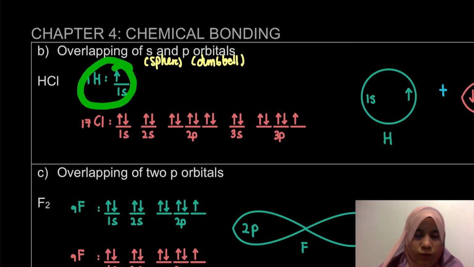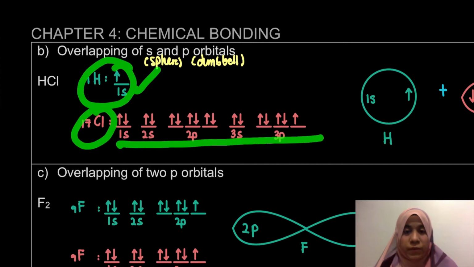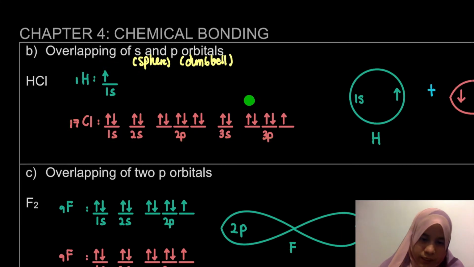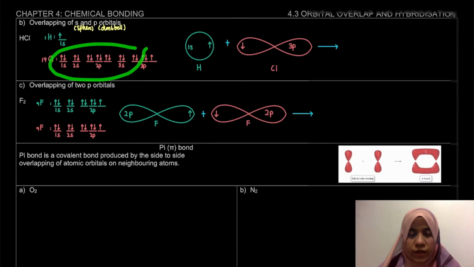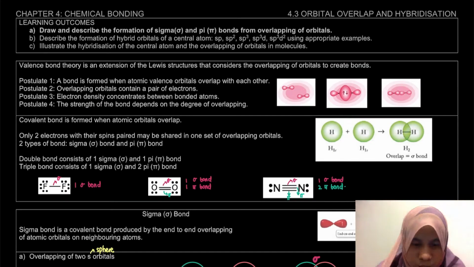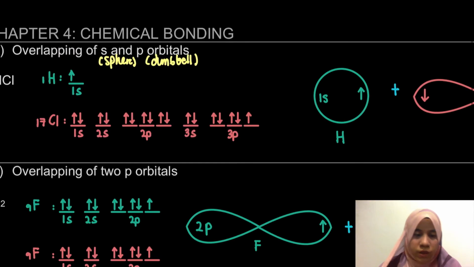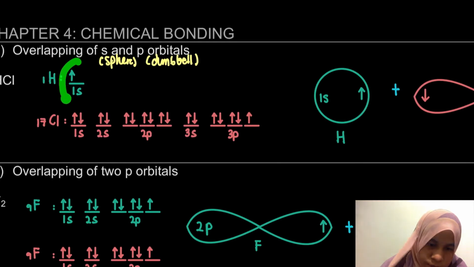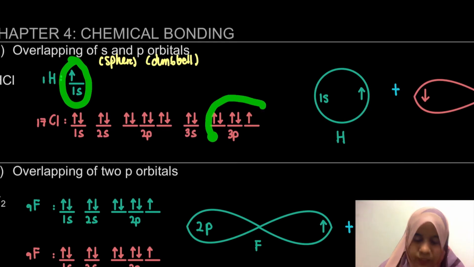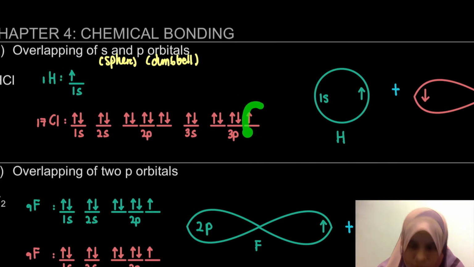Hydrogen is actually 1, so 1s1 lah. Chlorine ni wrap down all of this. Okay, but then not all of it is actually overlapping. Remember that the valence bond theory is actually between valence orbital. So dalam case ni, what we're going to talk about is actually overlapping between s orbital ni dengan p orbital ni, ataupun specifically this p orbital.